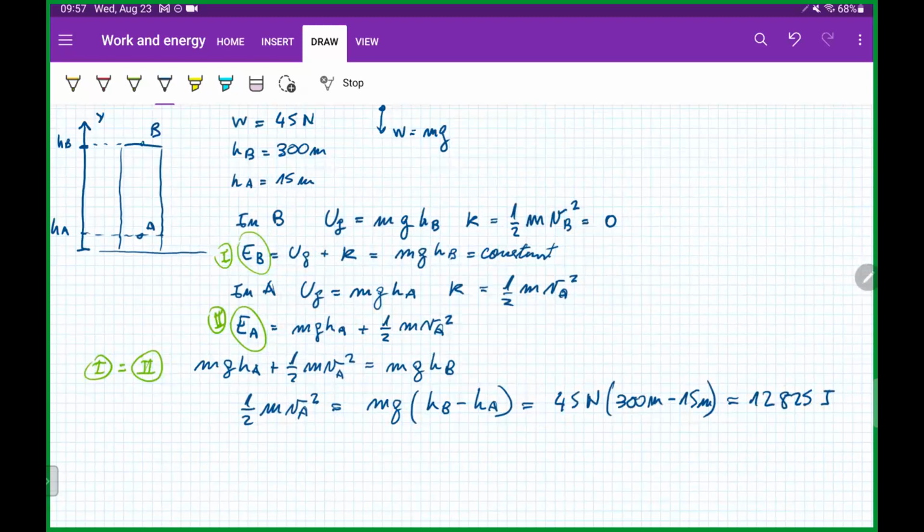All right, let me just write this. So this is kinetic energy at point A. And that's one of the questions, if I'm not wrong. Yeah, the kinetic energy.